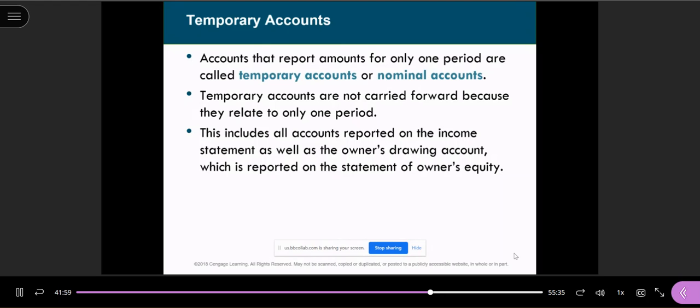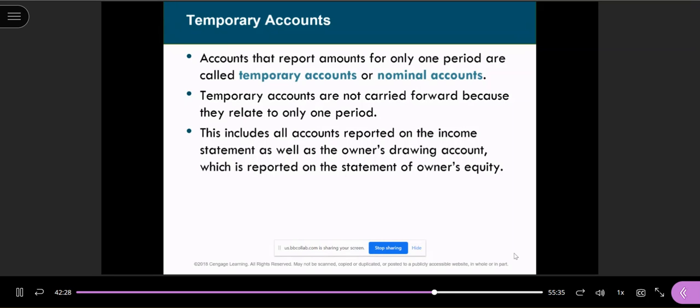But if that's just an accumulation of the last 5, 10, 15 years of being in business, we would have no idea if that business is growing or falling off the map. So every year, we're going to close out those revenues and expenses and say, okay, how much did this company do in revenues this year versus last year versus 2 years ago, 5 years ago, and what was their net income? That way we can do a comparison.